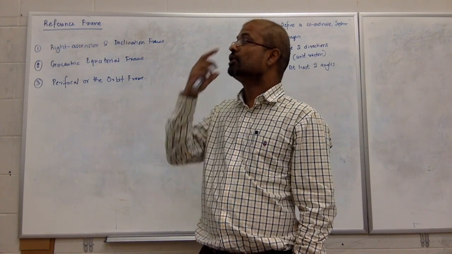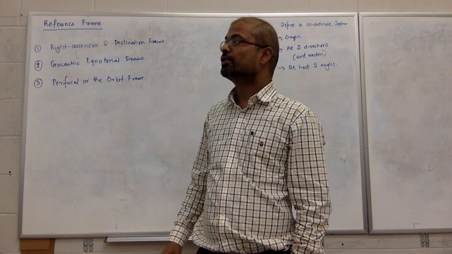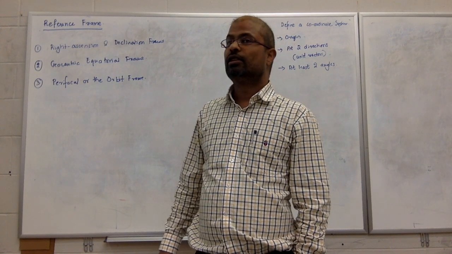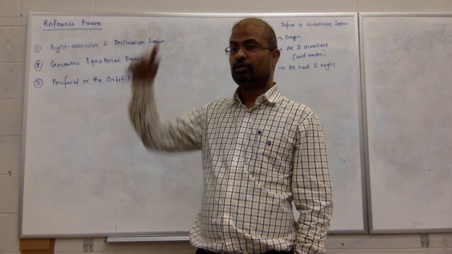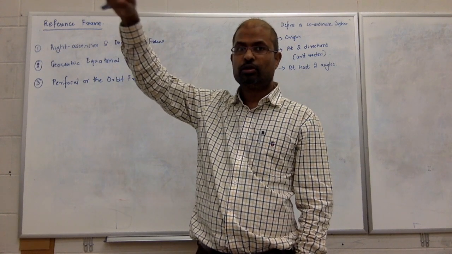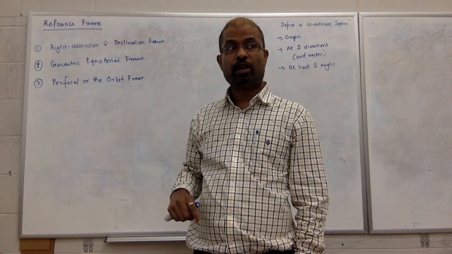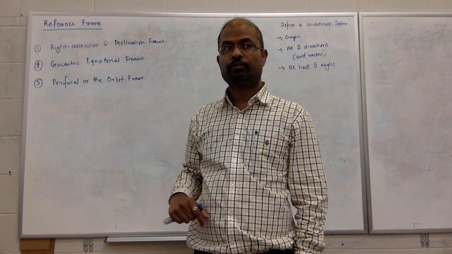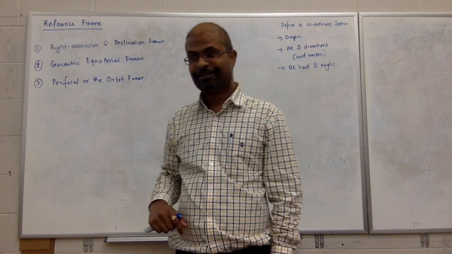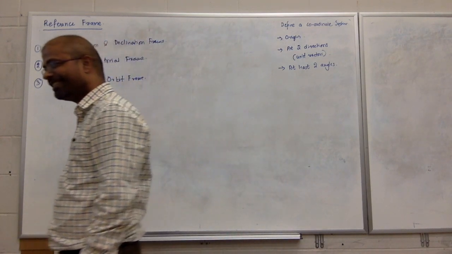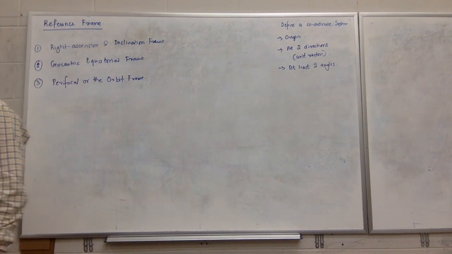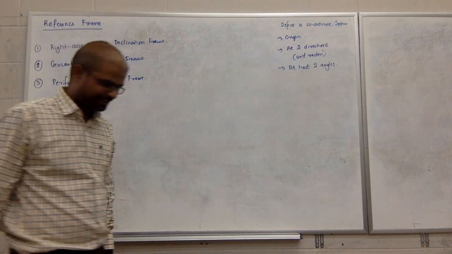So you see, the 0 degree longitude is the line running from the North Pole to the South Pole, passing through a place called Greenwich.